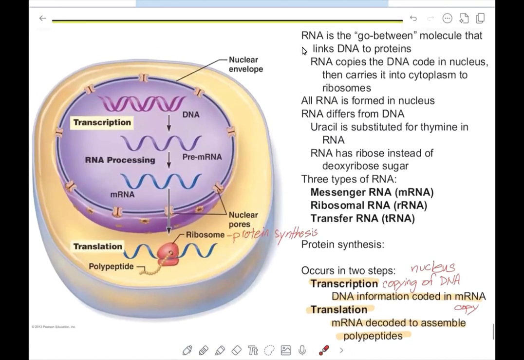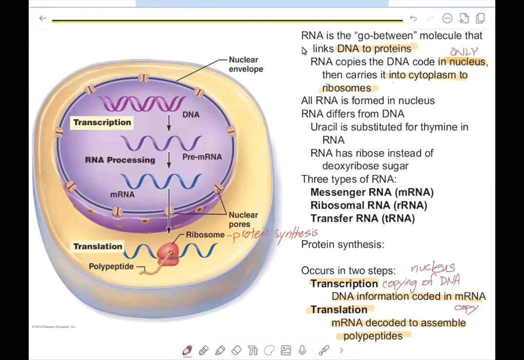So the RNA is the go-between molecule that links DNA to proteins. The RNA copies the DNA in the nucleus, and again, it's only in the nucleus, so that's very important to remember. Once it's copied the DNA, it then carries it out into the cytoplasm to the ribosomes.